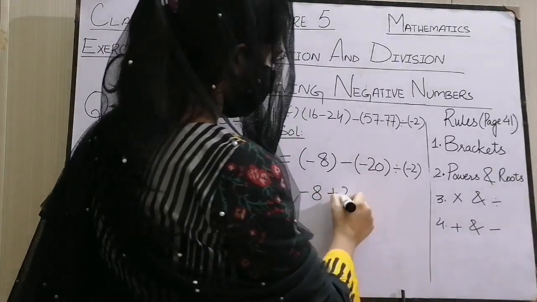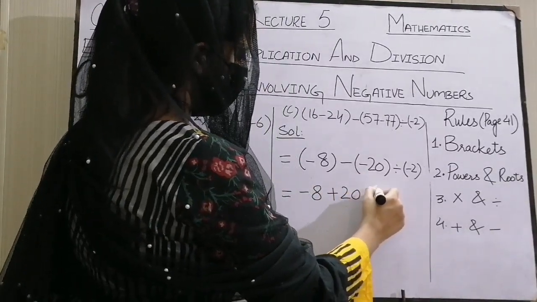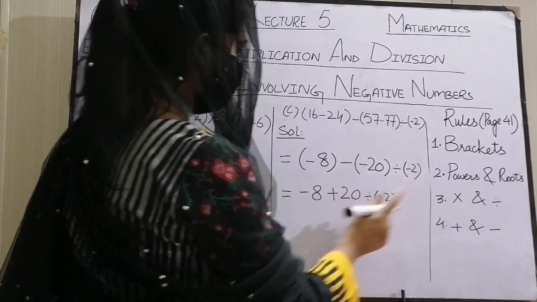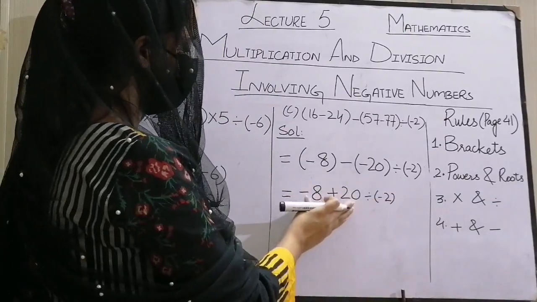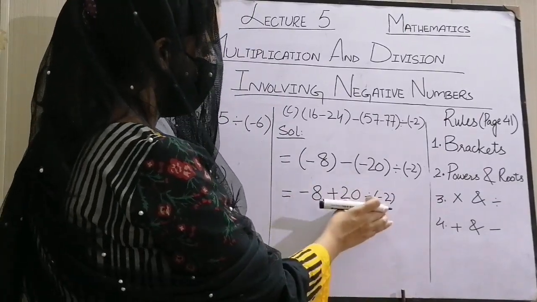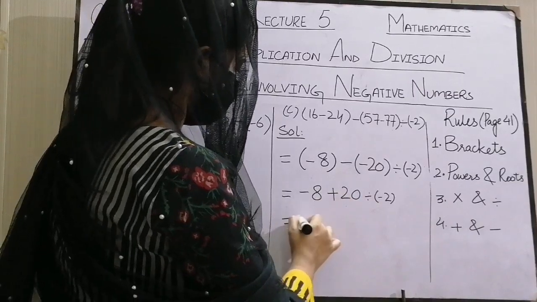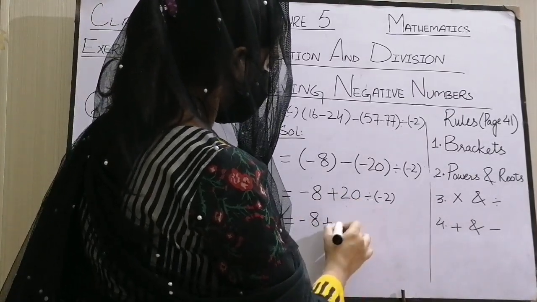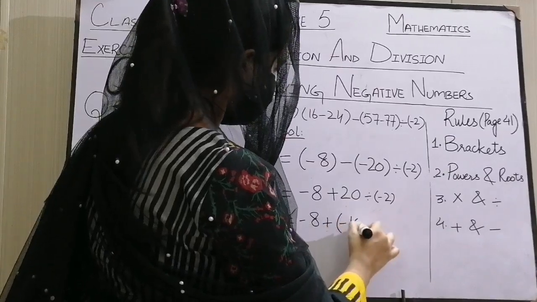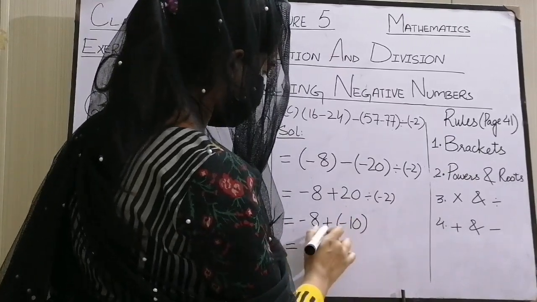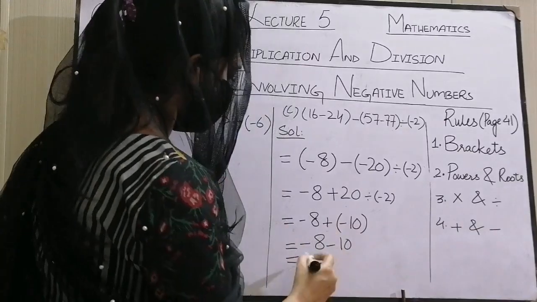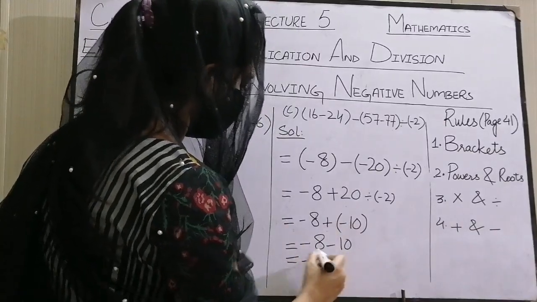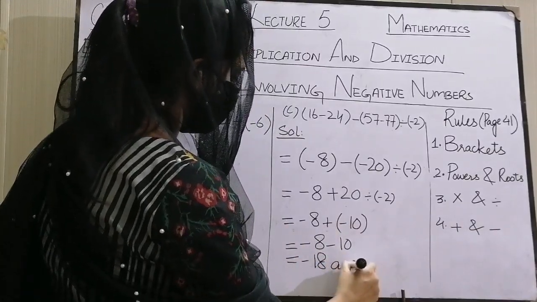Minus 8 plus 20 divided by minus 2. Now we do not have to subtract these numbers, we have to divide these first. Minus 8 plus 20 divided by minus 2 becomes minus 10. Solve the bracket. So minus 8 minus 10 is minus 18. Minus 18 is our answer.